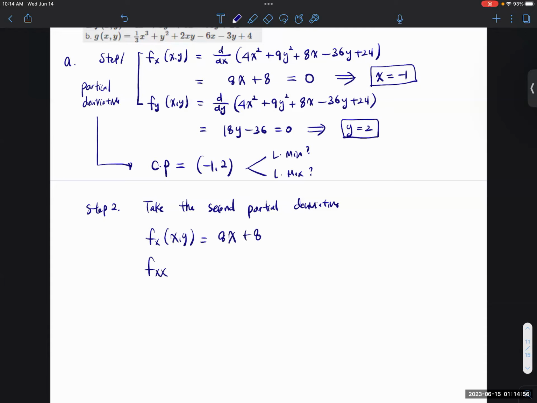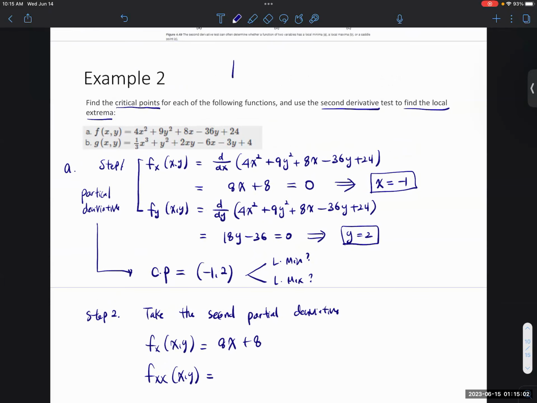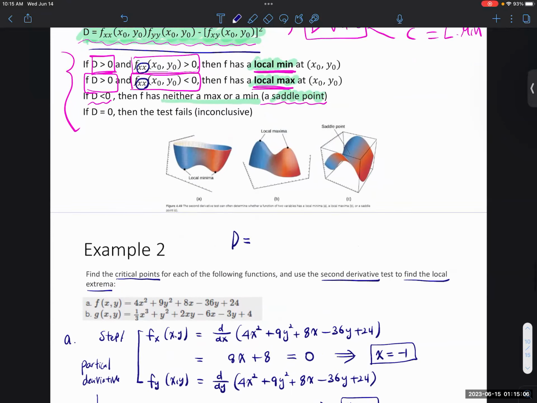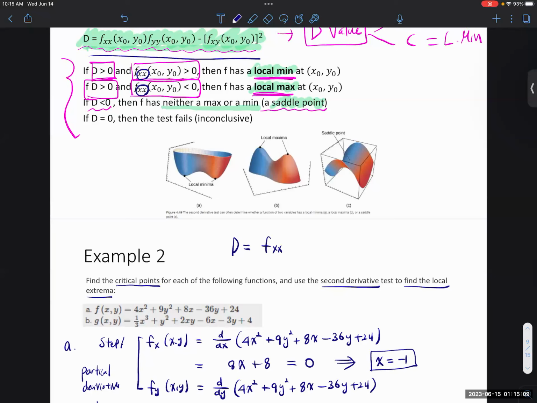I'm going to take one more partial derivative with respect to x because we know the formula to find the D value. If you go up, up, up, this one. So let me write it. fxx, you need it. You need fyy. And then you need fxy, and then square.